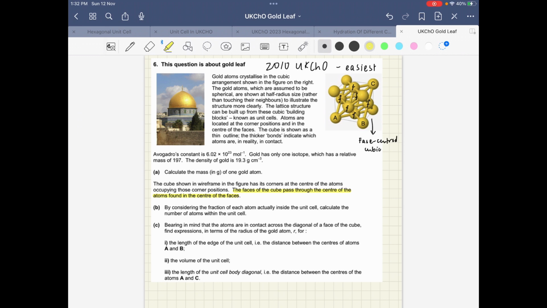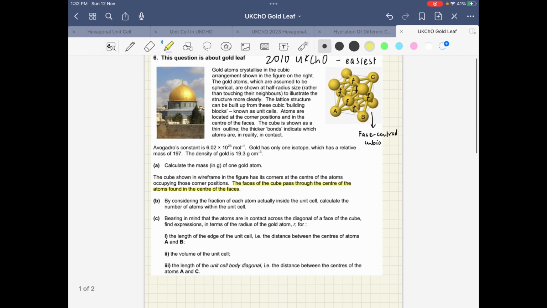So if you do not have knowledge of, for example, the types of unit cell, you'll still be able to tackle this question, but you have to analyze and think about the information that they give you and how you would want to use it.